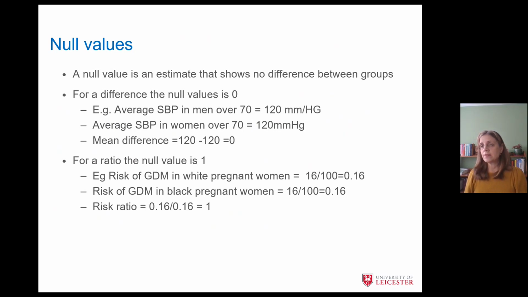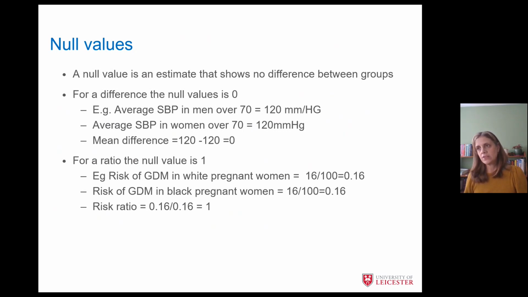So the mean difference between the two groups is just 120 minus 120, which is 0. So hopefully you can see that when you're looking at a difference, the null value, the value that shows no difference between two groups, is 0.